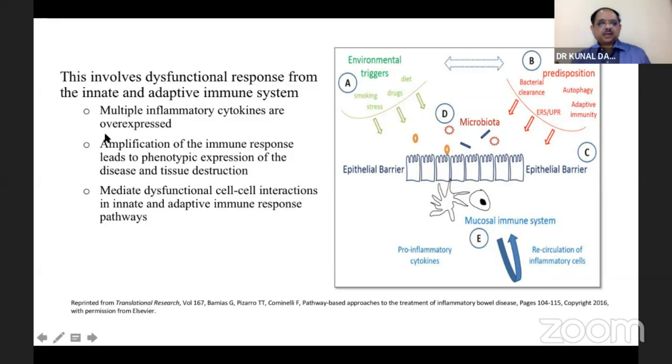These cytokines mediate the dysfunctional cell-cell interactions in the innate and adaptive response system. These days, because of the corona episode, people are very concerned, and they understand the cytokine storm, which is the key for many of the diseases that we are facing today.